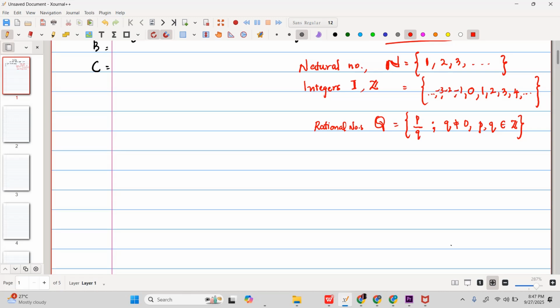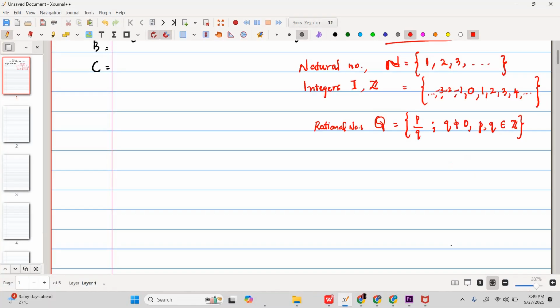So the numbers can be like minus 1 by 2, where both numbers are integers and the denominator is not equal to 0, and we can select 3 by 4. This kind of number belongs to the rational numbers.